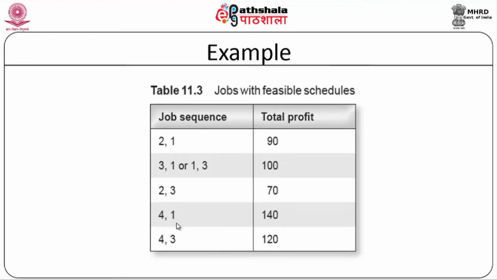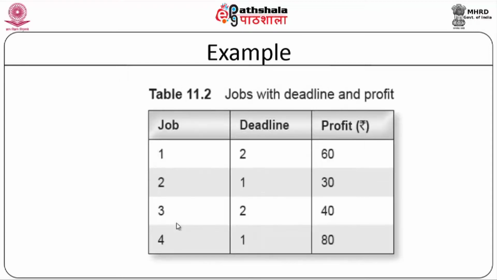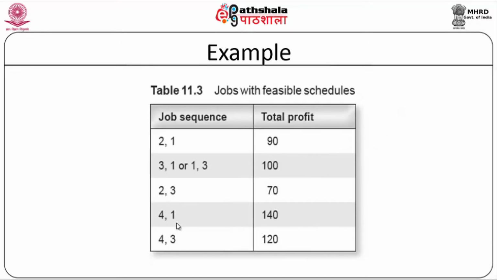Suppose you consider these sequences; you can see that the profit is on the right hand side. The profit is going to be 140, which is maximum for 4, 1. So, you can see that the fourth job is associated with the maximum profit, and you can come to the conclusion that we have to sort the jobs based on the profit as well as the deadline.